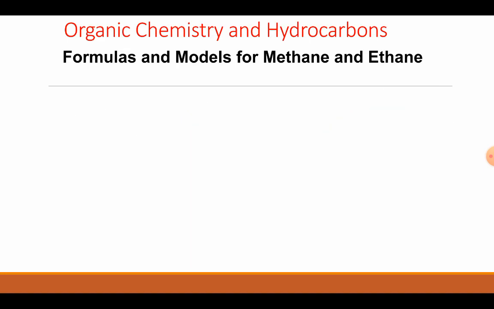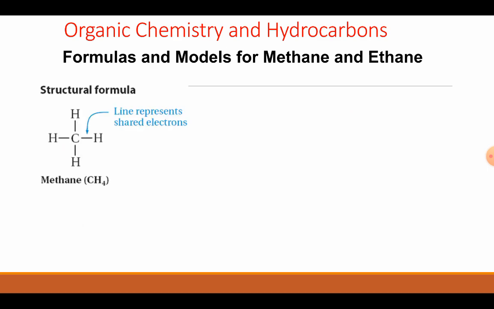Formulas and models for methane and ethane. What the meaning of methane and ethane is we will know now. Guys, look here. We talked about the structural formula. It shows us how the atoms, carbon and hydrogen, are connected together, like the methane, CH4. This is the ordinary formula we write.